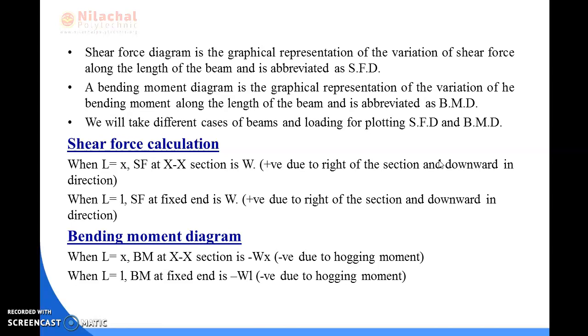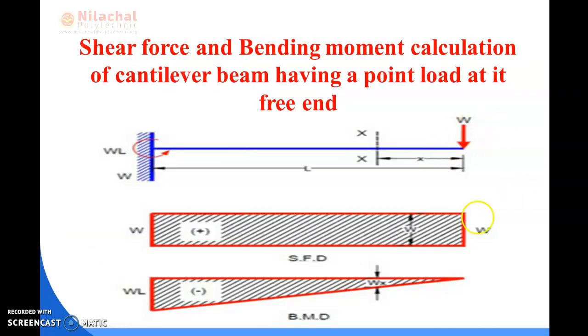So in this way, your bending moment calculation is also over. According to the bending moment, we have to draw the bending moment diagram. Now see, at the point of the loading system, the value of bending moment is 0 because here only load is there, no distance is there. But our moment equals load into distance.